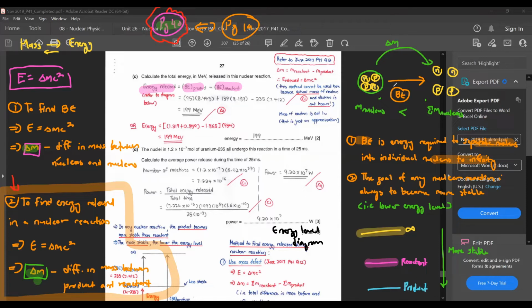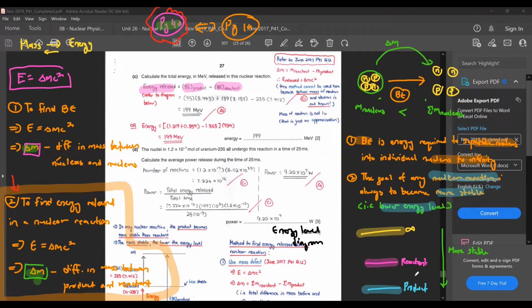Because, as I mentioned to you, in any nuclear reaction that occurs, the goal is always to become more stable. In other words, it will go to a lower energy level. So that is represented by the line that I just dropped, labeled product here. It's going to be at a lower level. Here's the thing.